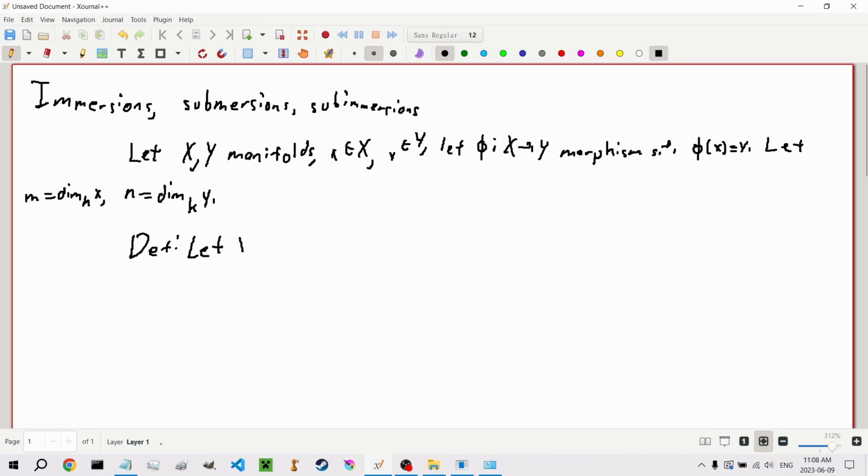We're going to let X bar and Y bar, that was our setup, and here we're going to let X bar and Y bar also be manifolds. We have essentially the same setup here, except everything has bars over it.